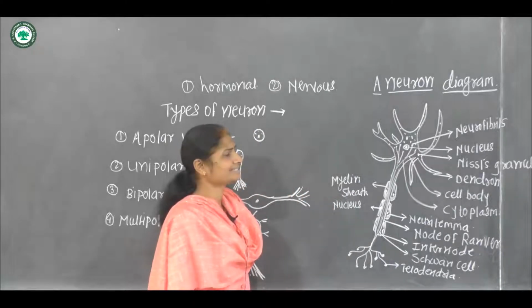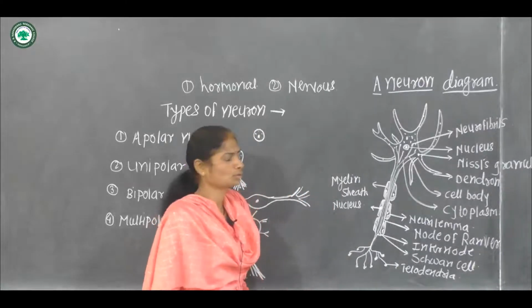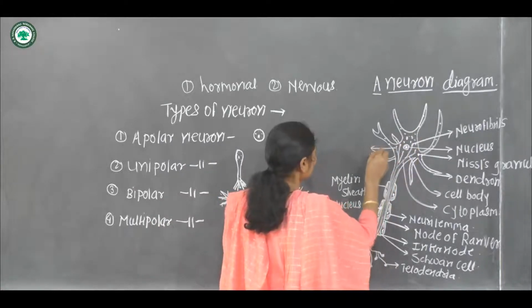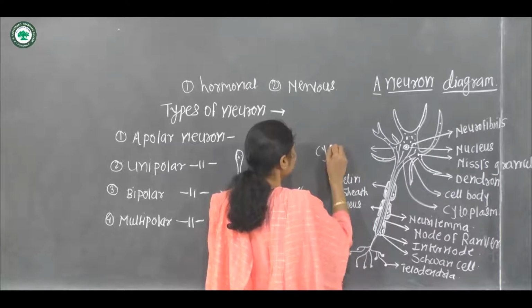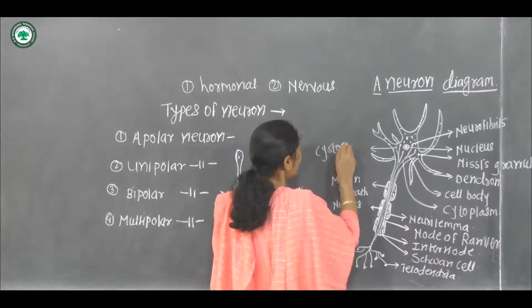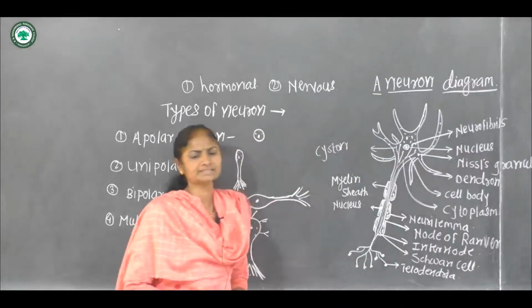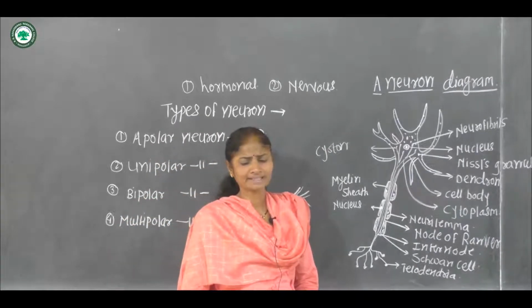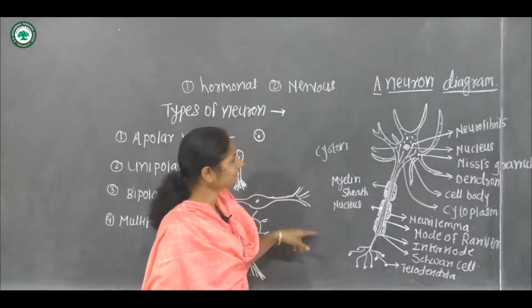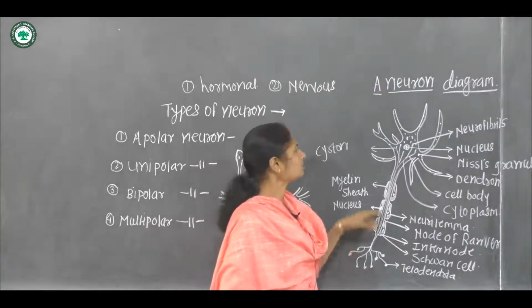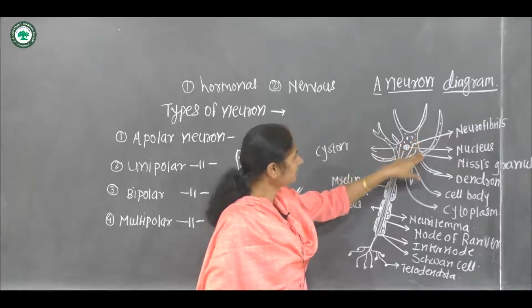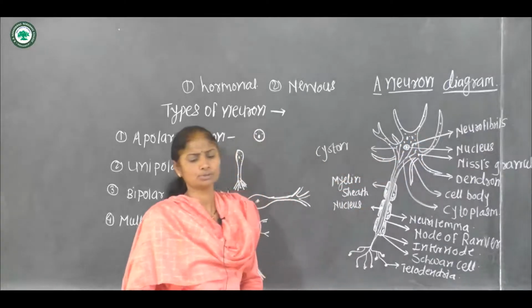It is also called the soma, or perikaryon. It is surrounded by a thin membrane, and this thin membrane is called the neurolemma.